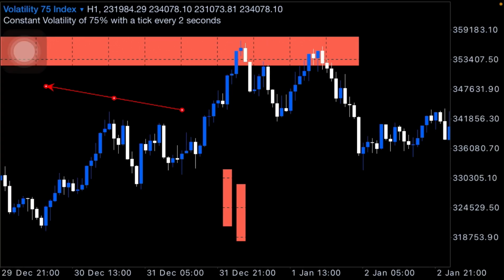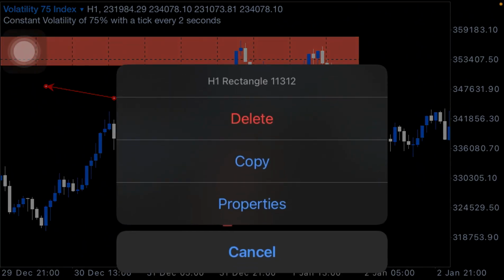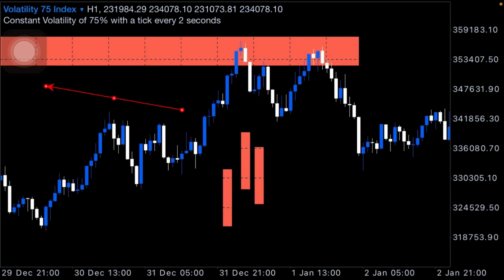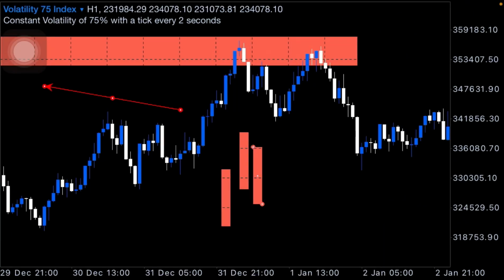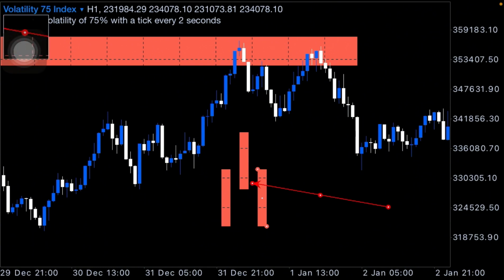The first candlestick high should be lower than the second candlestick high, and the third candlestick high should also be lower than the second candlestick high, and most importantly, it should break the low of the second candlestick.